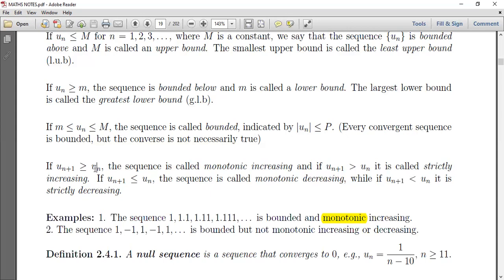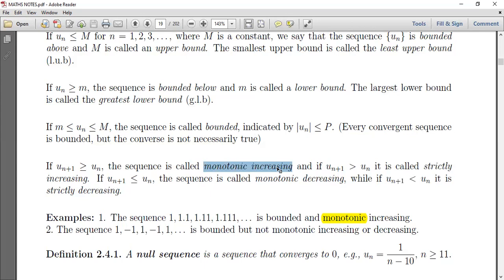Here we are talking of consecutive terms of our sequence, u10 and u11, u11 and u12, u13 and u14, and if the bigger term, when you consider consecutive terms, is always the later one, always bigger than the previous term, the sequence is said to be monotonic increasing, which means that the terms are always going up. u10 is more than u9, u9 is more than u8, u15 is more than u14.